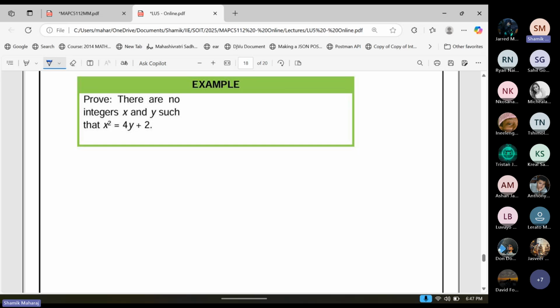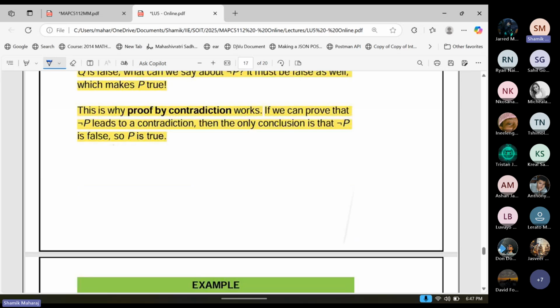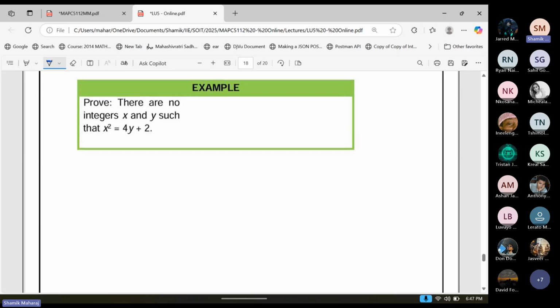Okay, so let's see. This says there are no integers x and y such that x squared equals 4y plus 2. This does happen on occasion where you get an example which doesn't look like an implication, and that's okay. We may not have to identify the if and then parts. Usually there's a way to write these as implications, but it may not matter here.